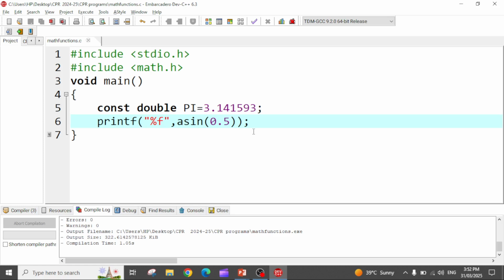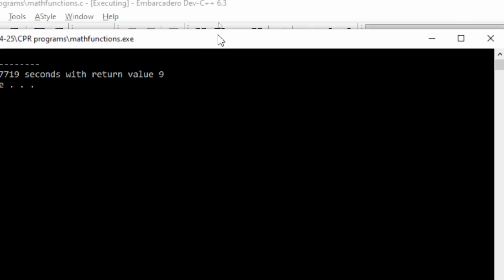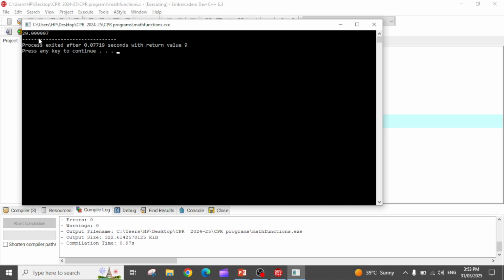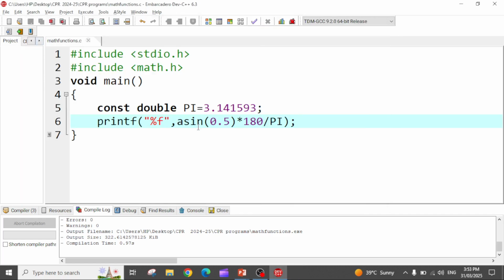Say I want to treat this in degree form, then obviously I have to multiply it by 180 divided by pi. So it will convert radians into degrees. Let's see what happens. So sine inverse of 0.5. I am going to get the answer in degree form, and obviously the answer is 29.99. Approximately it is 30 degrees. So this is the way in which sine can be used.